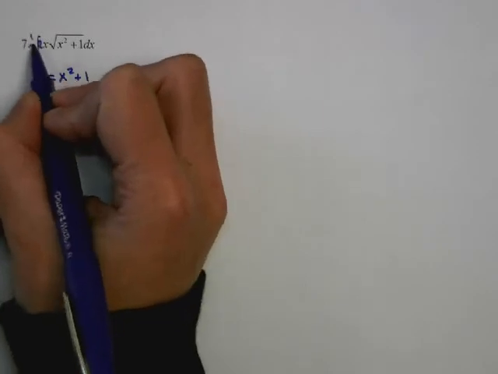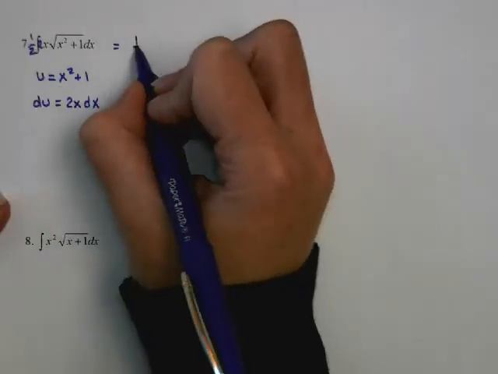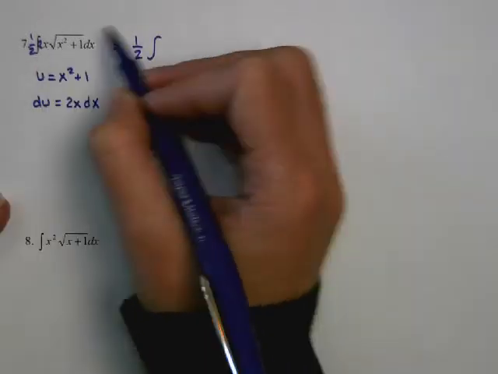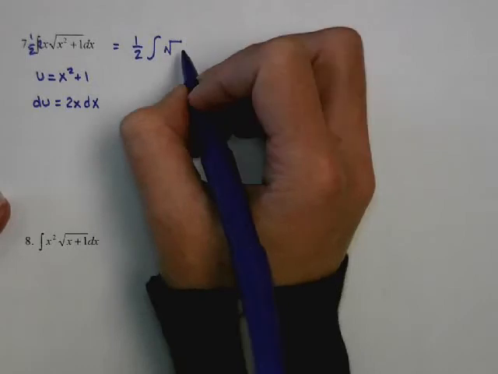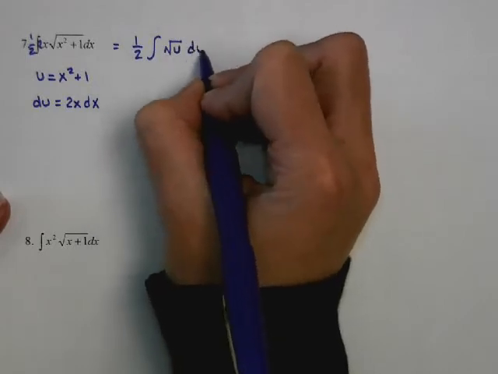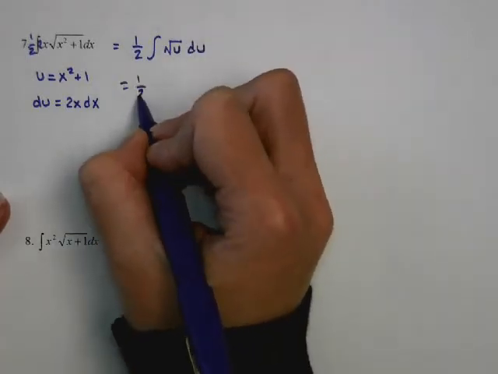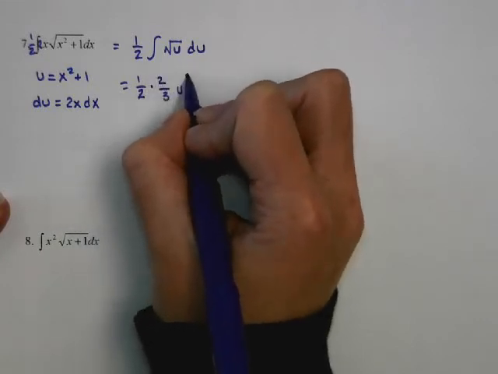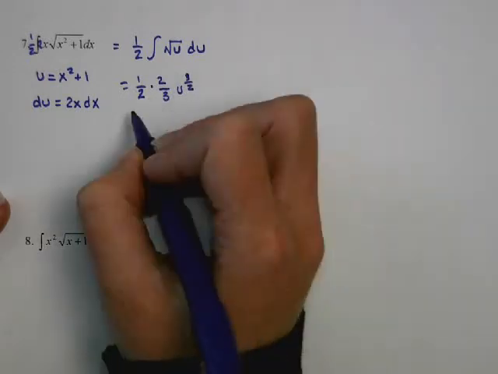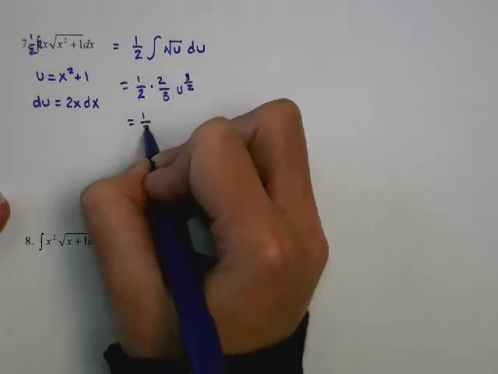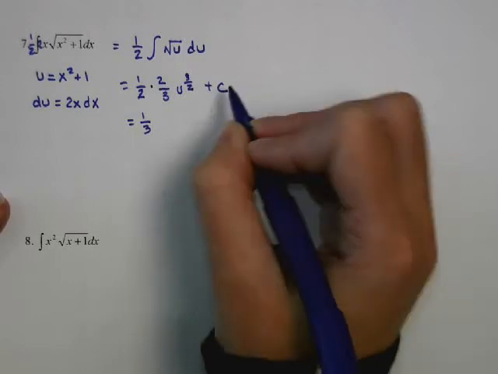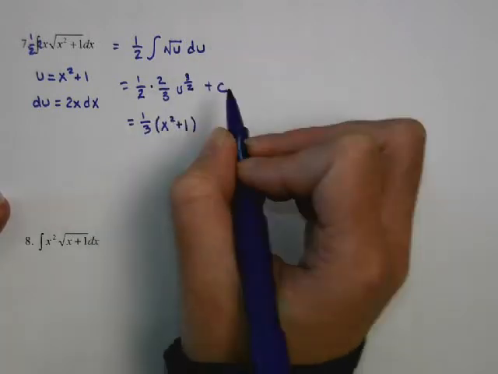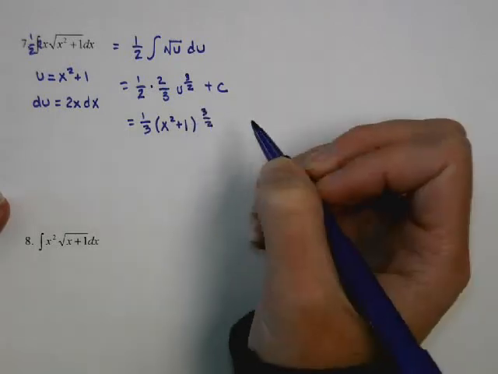So we'll have a 1/2. So 2x dx is just a u, so this is just the square root of u du. So this is going to be 1/2 times 2/3 u to the 3/2. So this is going to be 1/3 instead of u, x squared plus 1 to the 3/2.